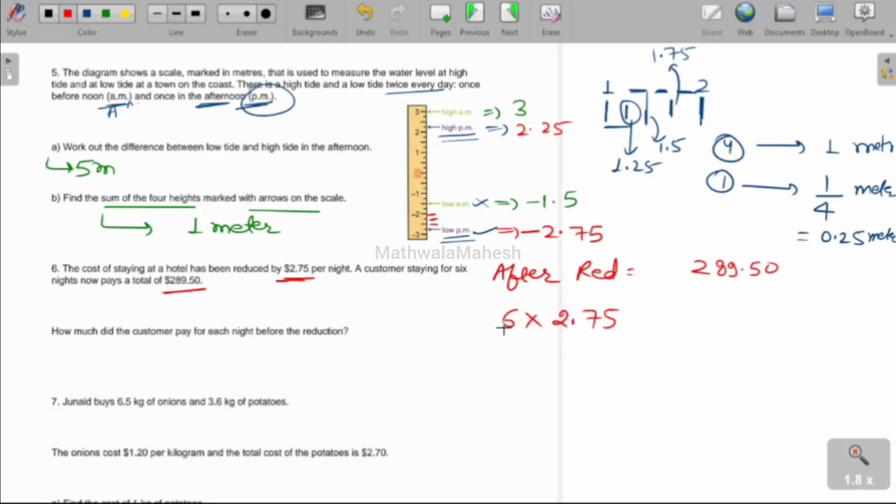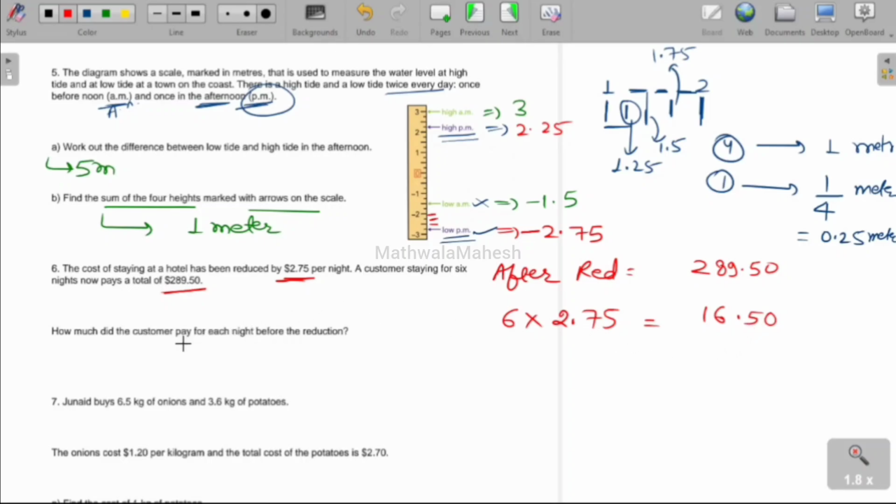So total nights are 6 nights into 2.75. If we multiply 6 into 2.75, the answer is 16.50.